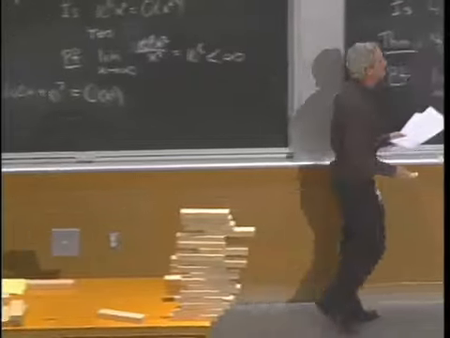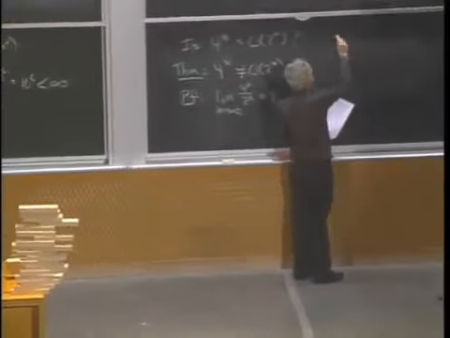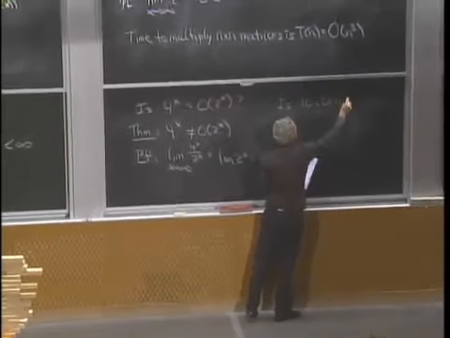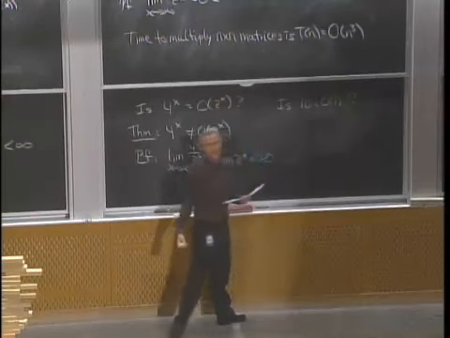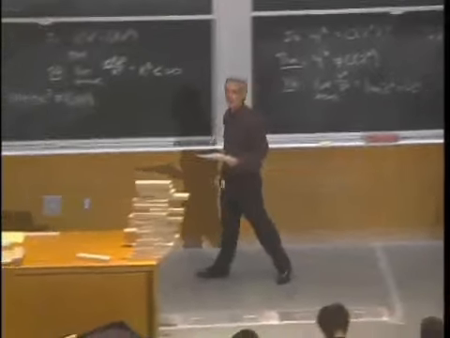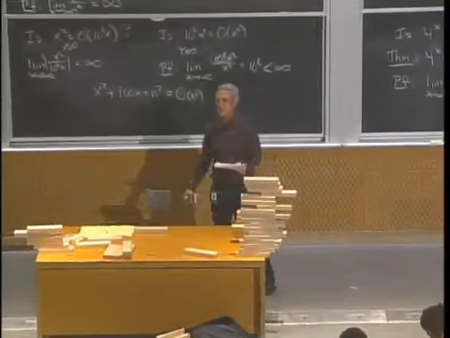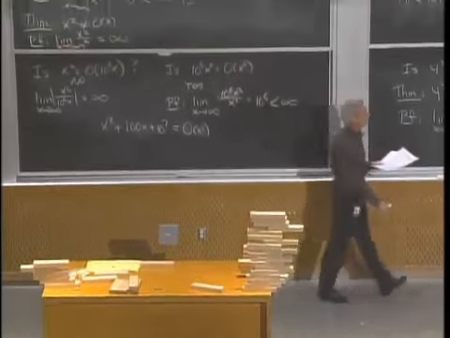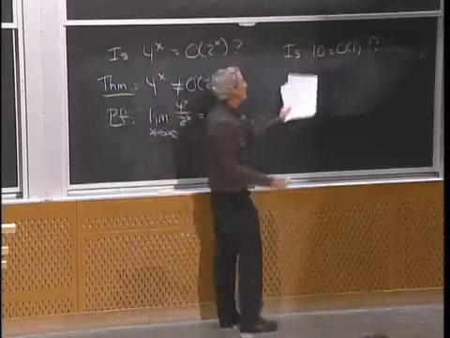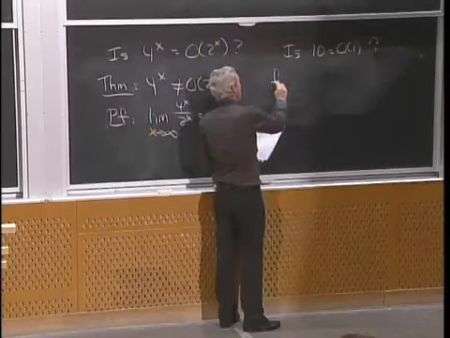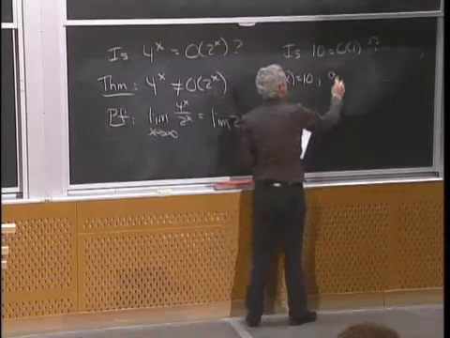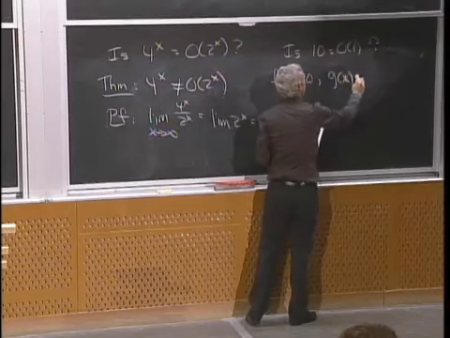All right, here's one. Is 10 O of 1? I've purposely written it this way. Yes, it is. In fact, the interpretation here is that you've got some function f of x that's always equal to 10, and some function g of x that's always equal to 1.